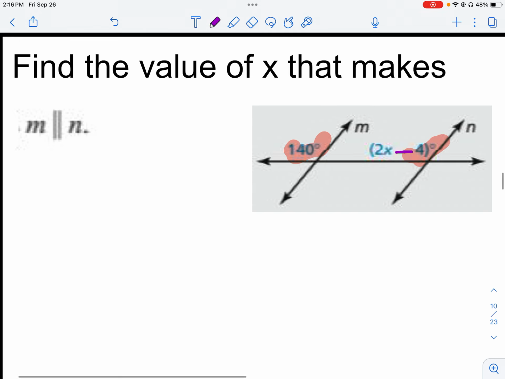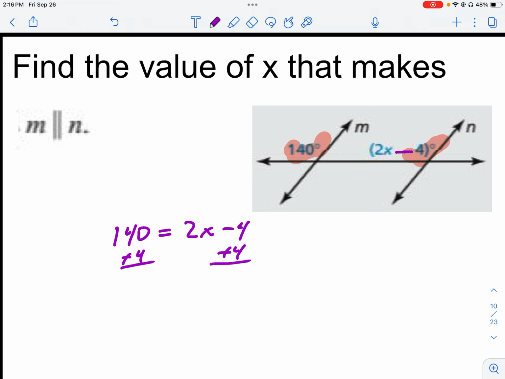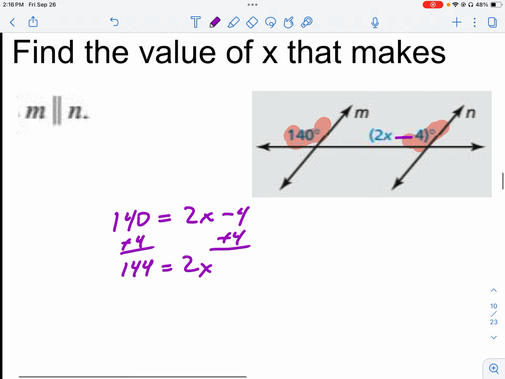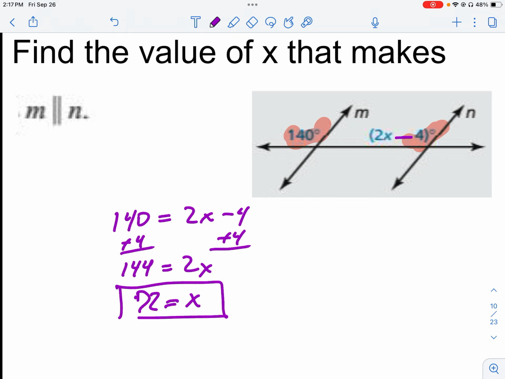Turns out this is actually a minus in there. So 140 equals 2x minus 4. We add 4 to both sides: 144 equals 2x. So when x equals 72, m will be parallel to n.